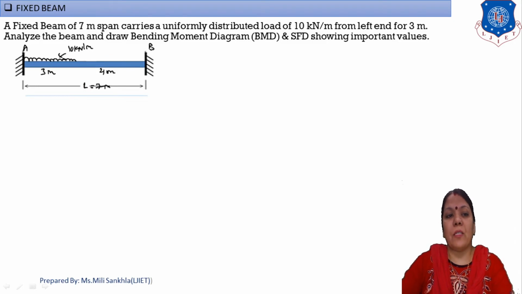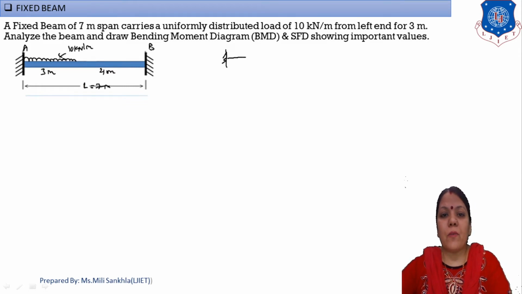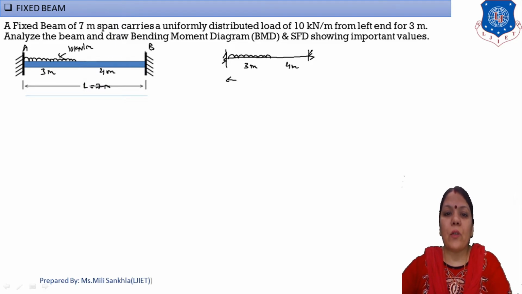For this method, suppose I draw one figure here. This is our fixed beam, subjected to UDL like this way, this distance is 3 meter and this distance is 4 meter, and the total span L is equal to 7.